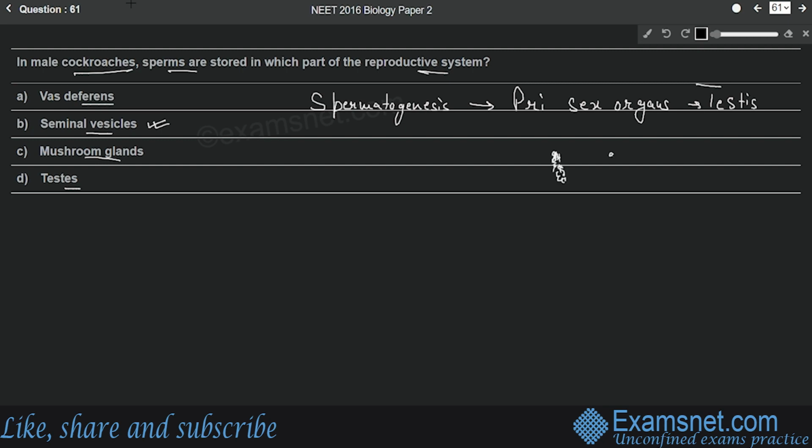This is one testis, this is another. So the spermatogenesis takes place in these. That means sperms are formed in these testes. And then the sperms move through a duct known as vas deferens. So these are vas deferens, through which the sperms move out from the testis and reach the seminal vesicles. So here we have seminal vesicles.